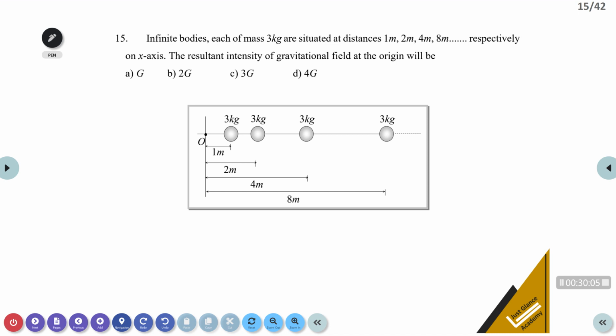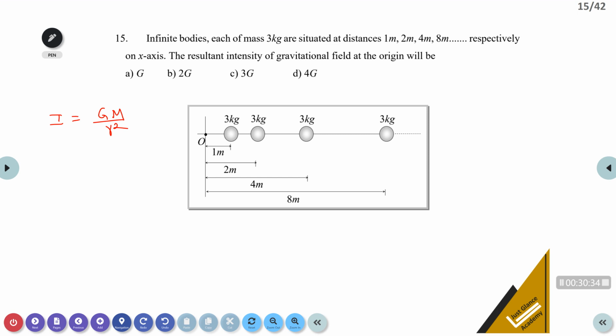Infinite bodies, each of mass 3 kilogram, are situated at distances of 1 meter, 2 meter, 4 meter and 8 meter respectively. The resultant intensity of gravitational field will be, okay, fine. Of course, in the regular class I have not done this problem. Gravitational intensity equals GM divided by r square. This is the formula.